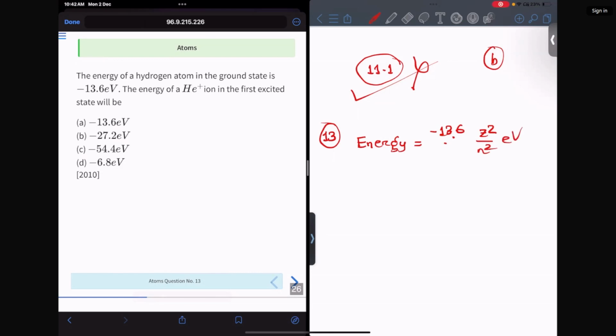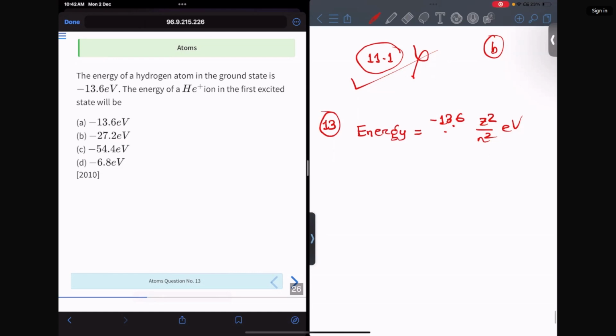This is the formula for the energy in an orbit for an electron. You remember all the formulas, and do one thing. You can take a paper and write all the important formulas of this chapter and try revising them every day, so that it will be printed in your mind before the exam.